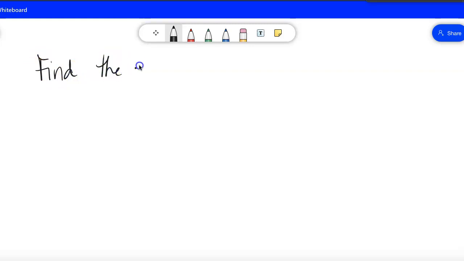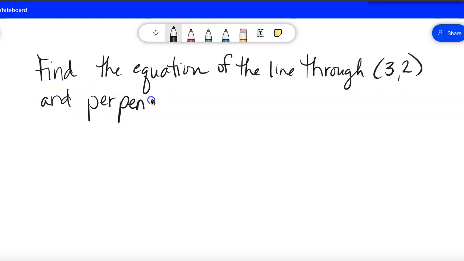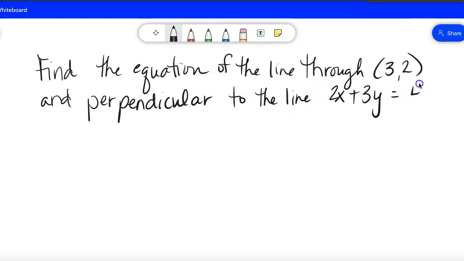So let's find the equation of a line, or of the line, through the ordered pair (3, 2), and perpendicular to the line 2x plus 3y is equal to 4.